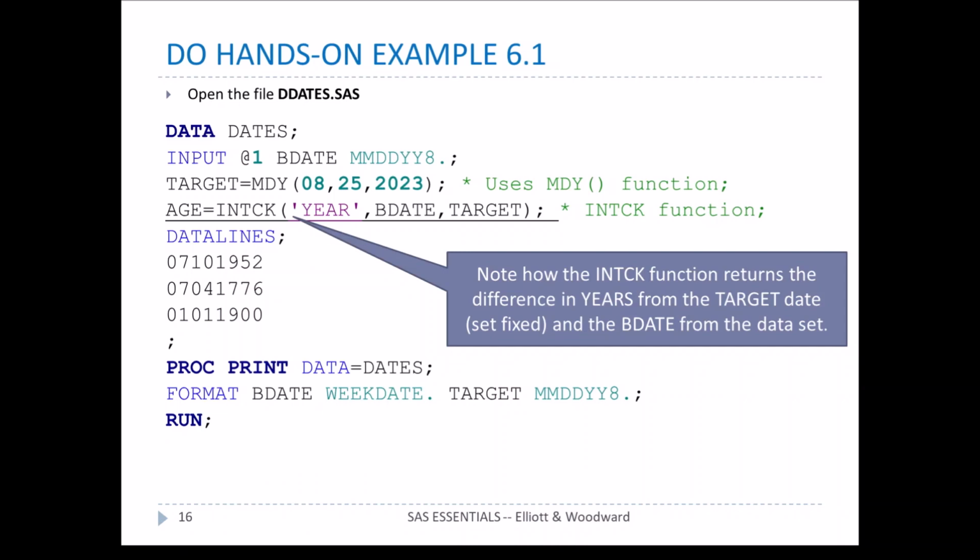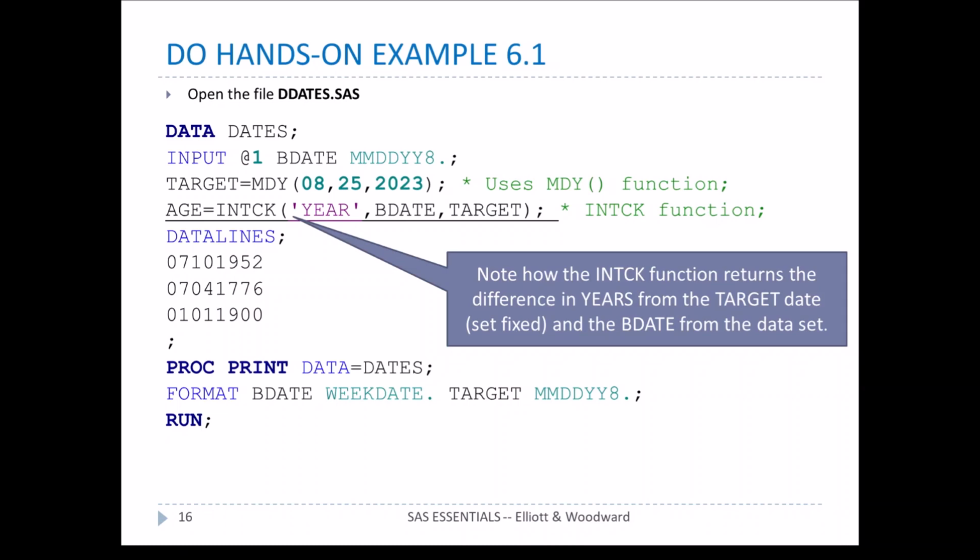All right, so we have our initial information there, and then our data lines. We're going to read in 3 dates, and as SAS reads them in, it's going to calculate target and age, and then the PROC print will print out the results of bdate and target.